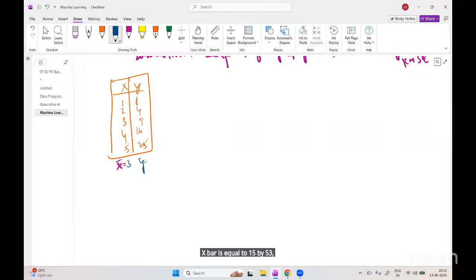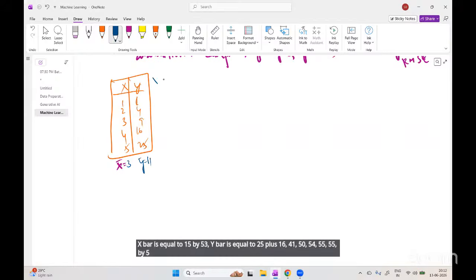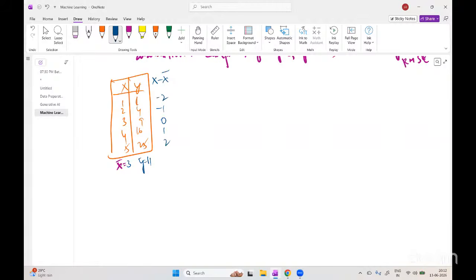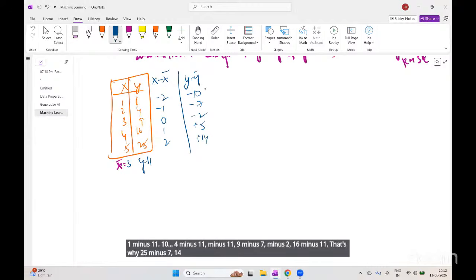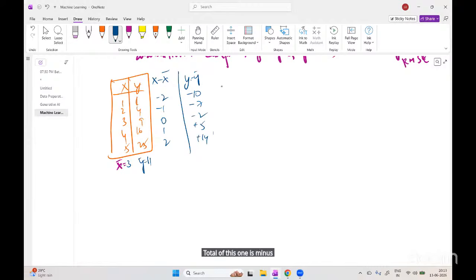Y bar is 55 by 5, which is 11. Now y minus y bar: 1 minus 11 is minus 10, 4 minus 11 is minus 7, 9 minus 11 is minus 2, 16 minus 11 is plus 5, 25 minus 11 is 14.